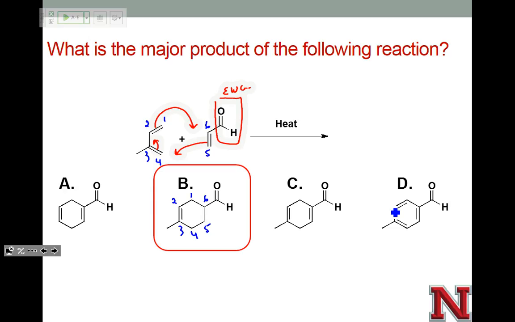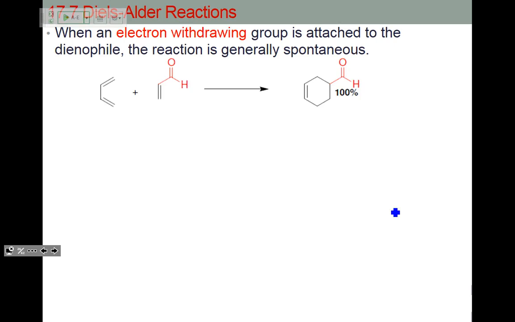Notice here, carbon 5 has 2 hydrogens, and it has 2 hydrogens there. You can draw in your hydrogens. You're not losing any hydrogens in this reaction. You're not losing any carbons. All you're doing is losing 2 pi bonds and forming 2 new sigma bonds. So that's our product. So electron withdrawing groups are attached to our dienophiles to make the reaction happen quicker.